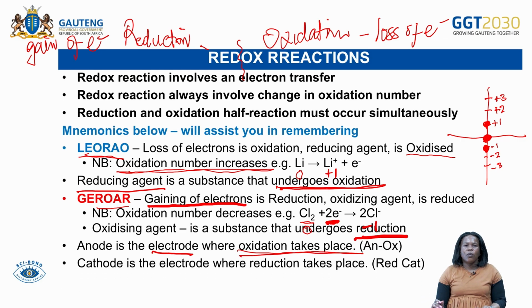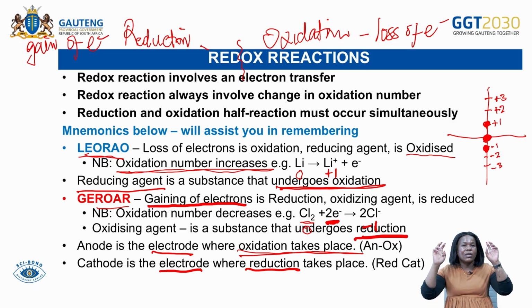And then we've got a cathode. What is a cathode? An electrode, because they are solid, where reduction takes place. And then it takes us back to what we're talking about. What is oxidation? What is reduction? And then it goes back to the oxidation numbers that we're talking about in this lesson.